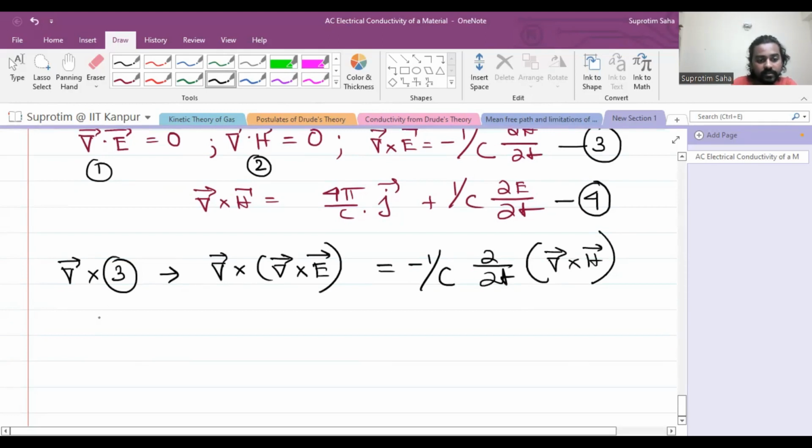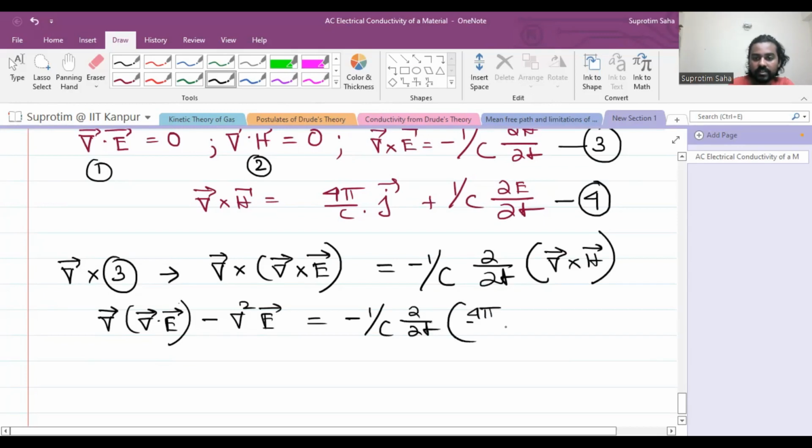So this is gradient of divergence of E, on basic cross product rules, minus Laplacian of E, minus 1 by C. Curl of H is again given by del t of 4 pi over C J vector plus 1 by C del E by del t.